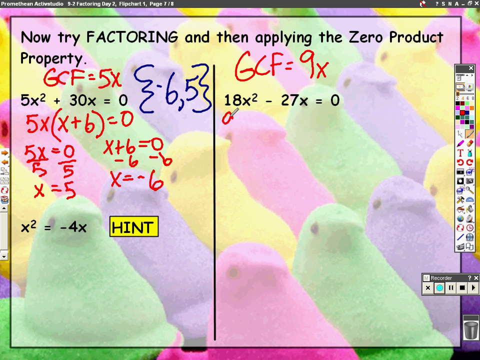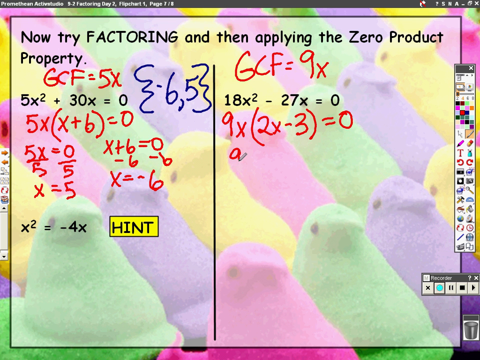I pull that out front, and then I divide each of the terms by 9x. 18x squared divided by 9x gives me 2x, and 27x divided by 9x gives me 3. So I end up with an equation with two factors: 9x times the quantity 2x minus 3 is equal to 0.